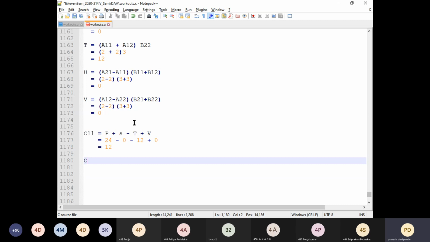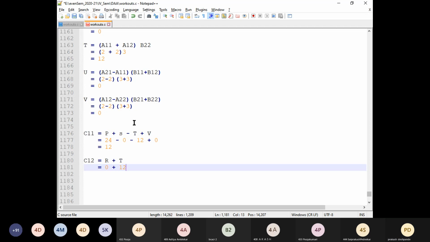Right? Now, the next one, C12. C12 is nothing but R plus T. Correct? Yes, sir. What is the value of R? 0. Then what about T? 12. So the final answer is again 12. Next, C21.